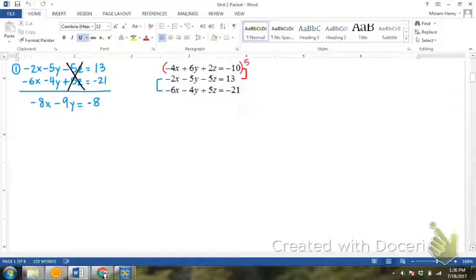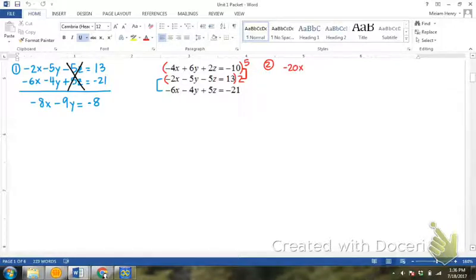We're going to multiply this row by 5, and we're multiplying this row by 2. Okay, so then step number 2 is over here. In step number 2, we're going to go ahead and multiply those two rows out. So on the first row, I'm going to multiply that 5 through. So that gives me negative 20x.